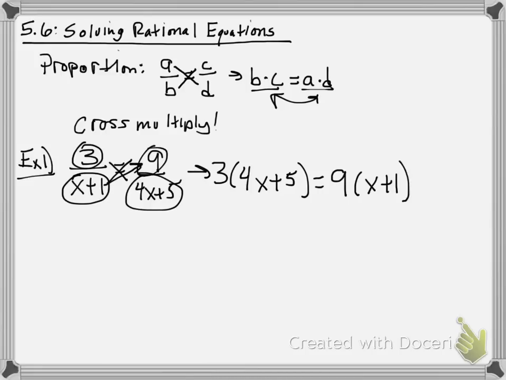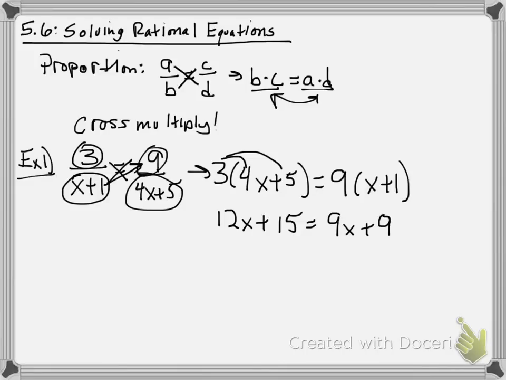Of course, since we're multiplying, the order does not make a difference. But you'll notice one of the things you're going to have to do here is distribute at this stage. On the left side, we're going to get 12x plus 15, and on the right side, that becomes 9x plus 9.